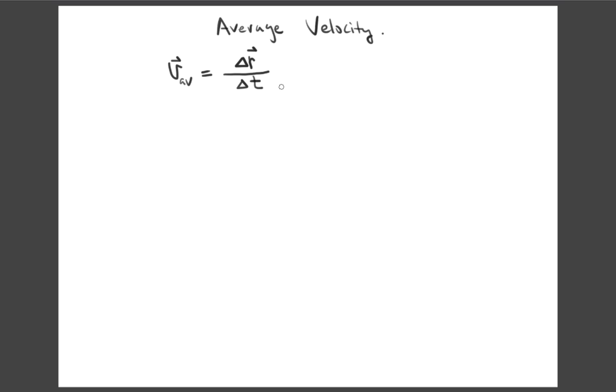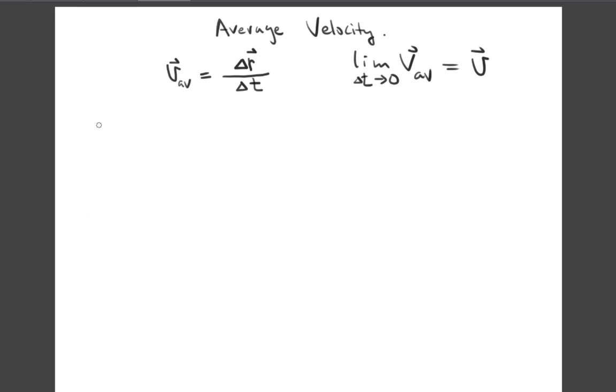And in the limit of delta t approaching 0, V average approaches an instantaneous velocity. Let's take an example to look at the difference between this instantaneous velocity and average velocity.